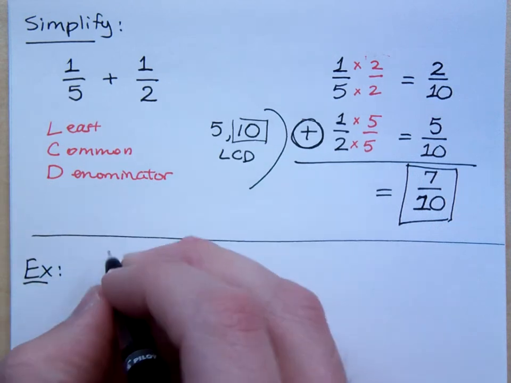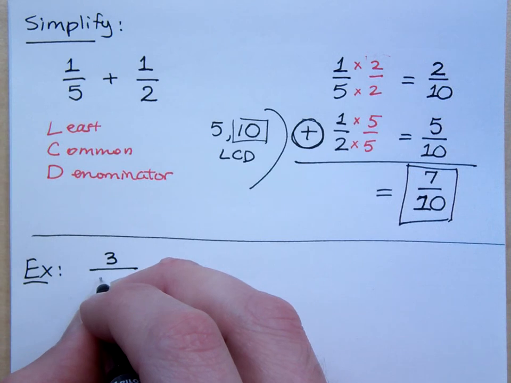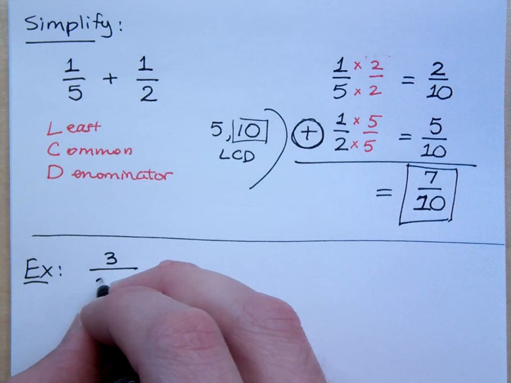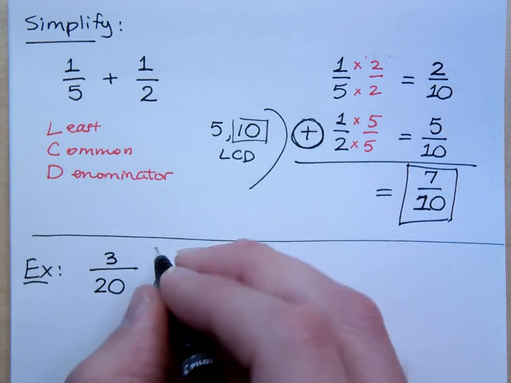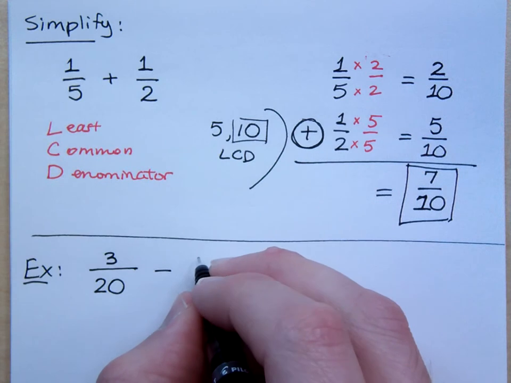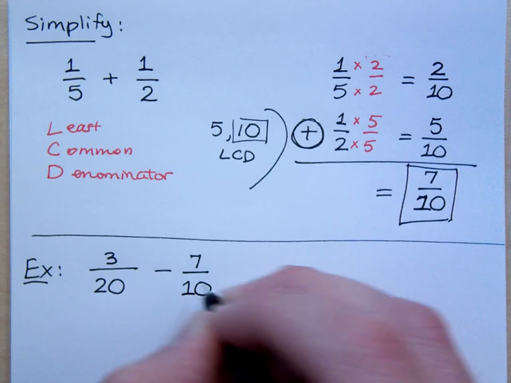What if I were to say this? Well, see, now I had a number that I decided to change it. 3/20 minus 7/10.